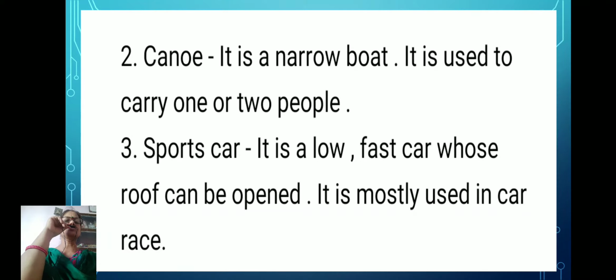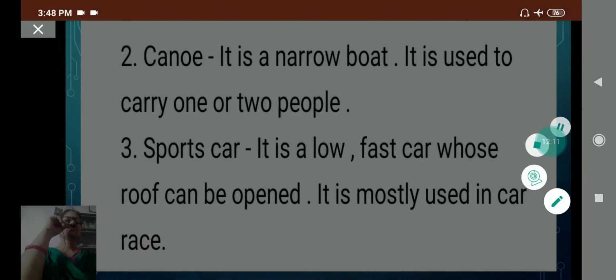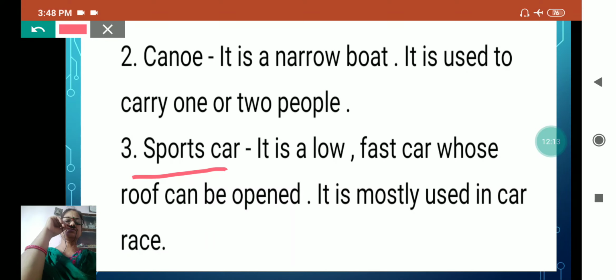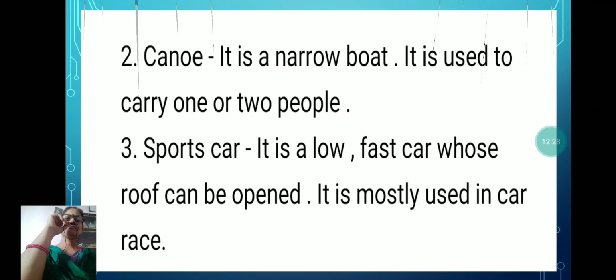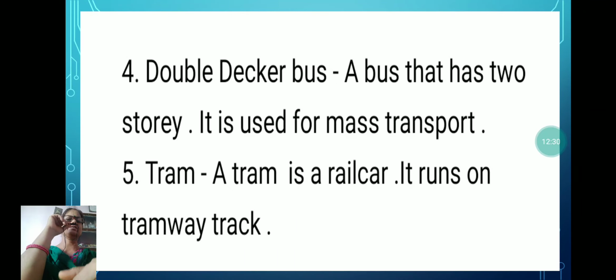And sports car also, you know, the rooftop can be opened in this sports car. It moves very fast, and it is mostly used in car race. As the name sports car also says, it is mostly used for car racing.